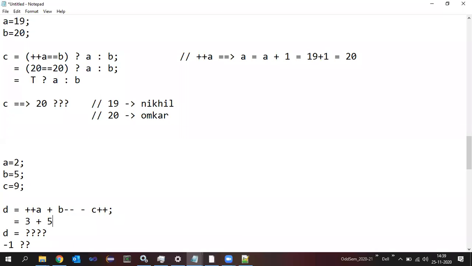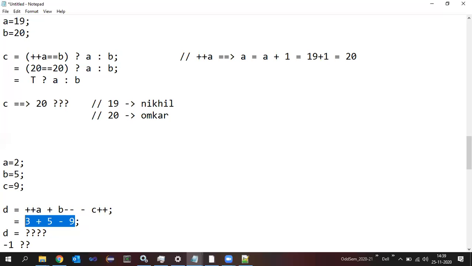What is the value? 5. I will use 5. Next time if I use B, during that time I will modify it. I will not modify it right now. Then minus. Then again C++, which is post-increment. Use the value 9 first. If it is used later, then I will increment it by 1.